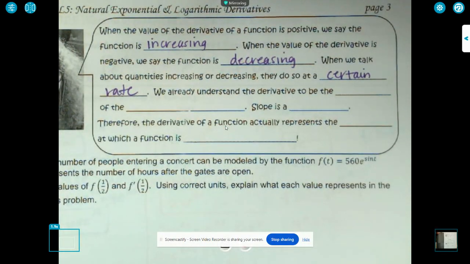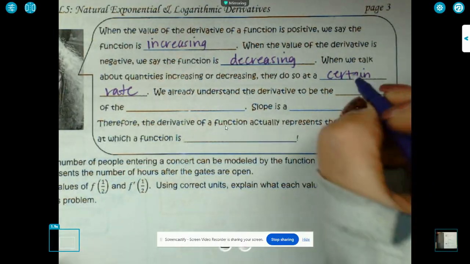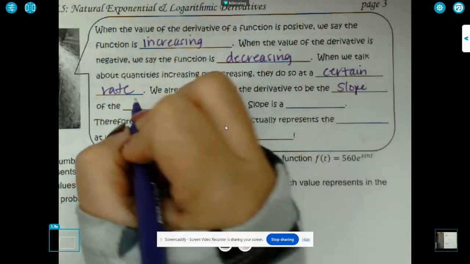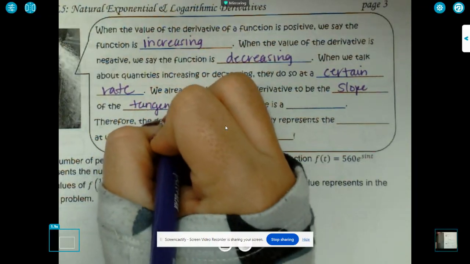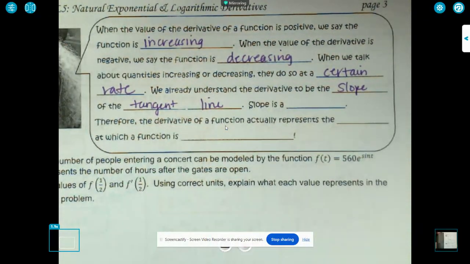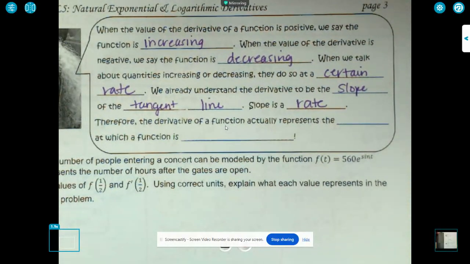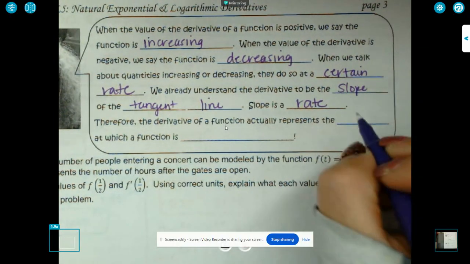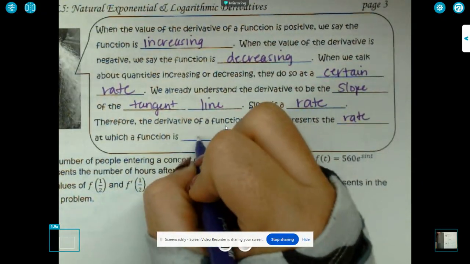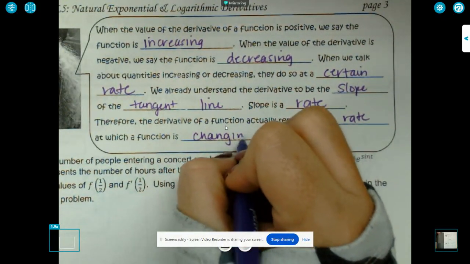We already understand that the derivative is the slope of the tangent line, and we know that slope is a rate. Therefore, ultimately, the derivative of a function represents the rate at which a function is changing.